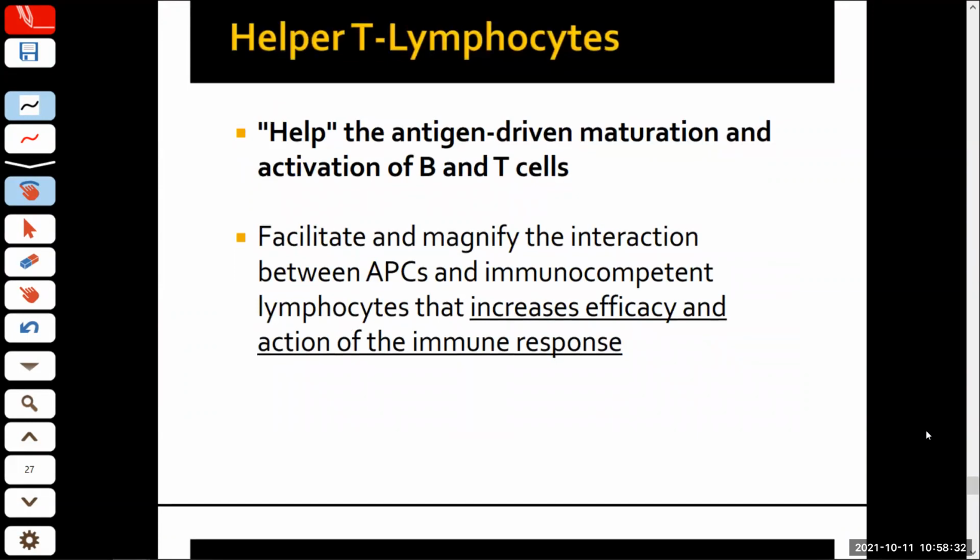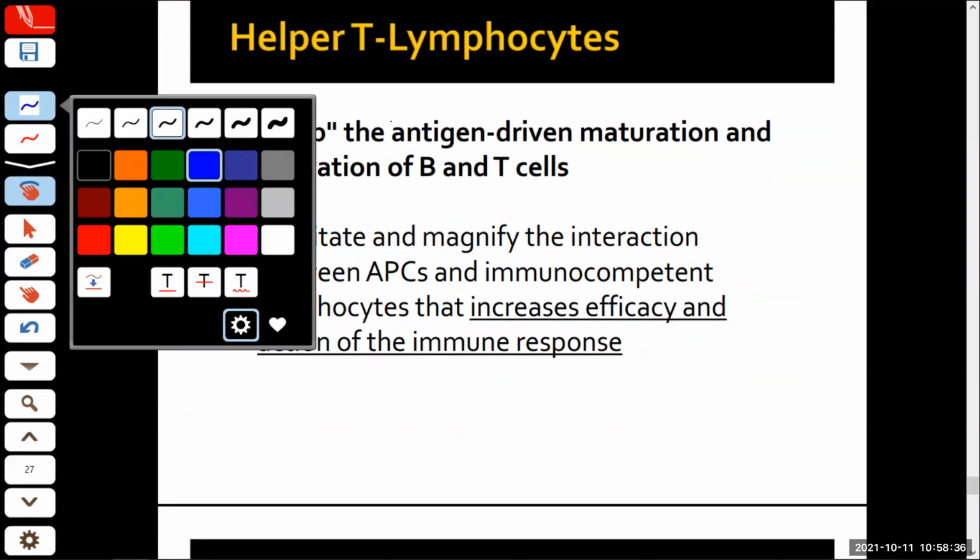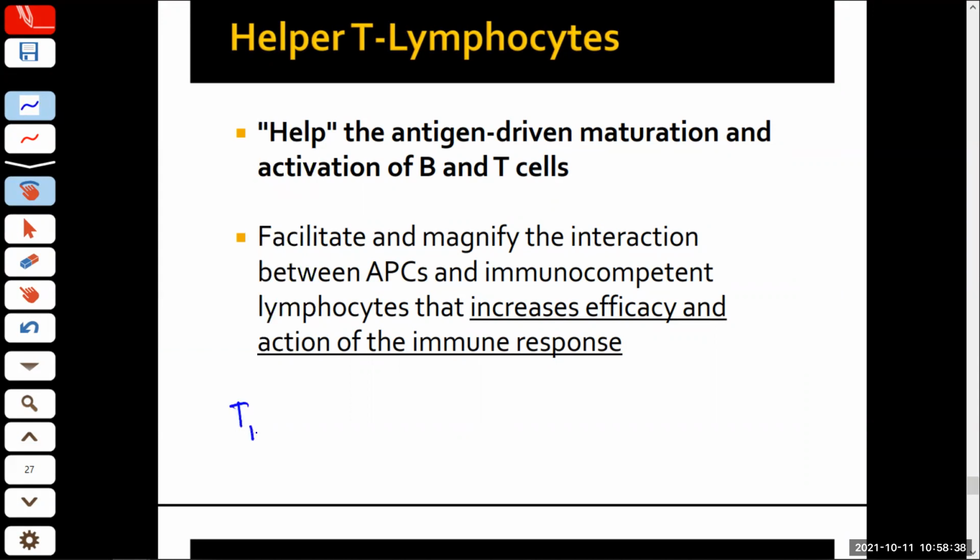Okay. So T helper cells, what do they do? T helpers, they coordinate the entire immune system. What's another name for your T helper cells? CD4 cells.